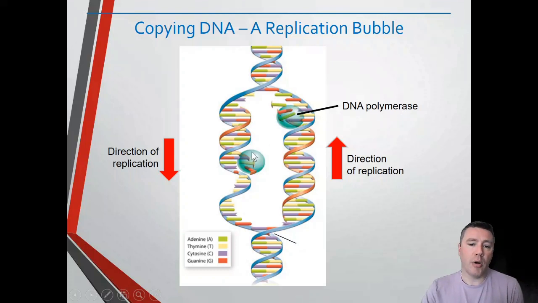You'll notice that there are two DNA polymerase enzymes here, and what they're essentially doing is using the original strand of DNA as a template to base pair new DNA nucleotides. So if this molecule was opened up, we have bases here that are no longer paired with their complement.